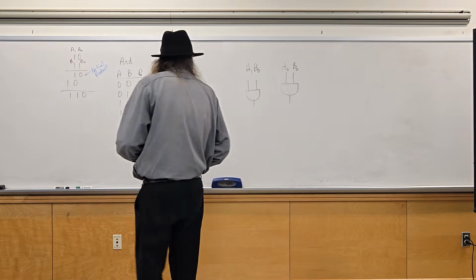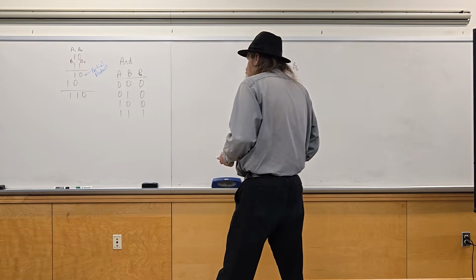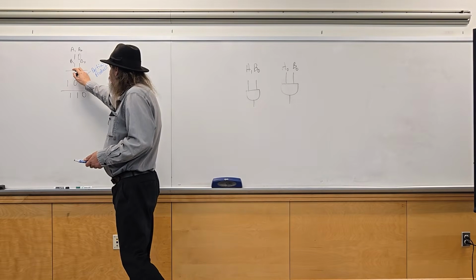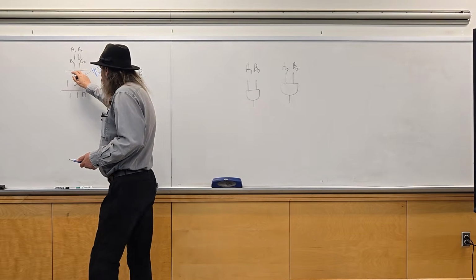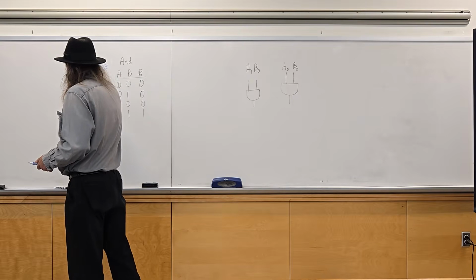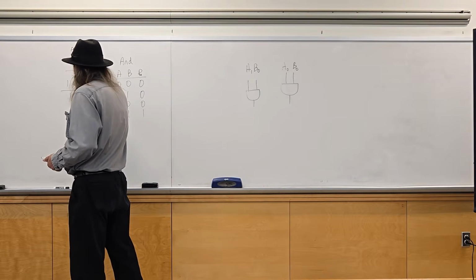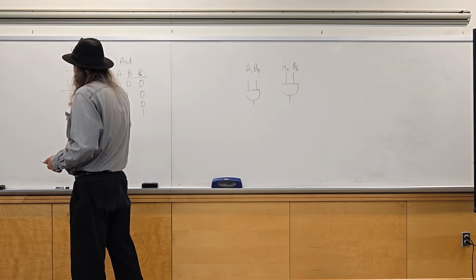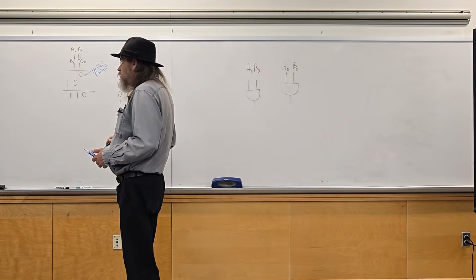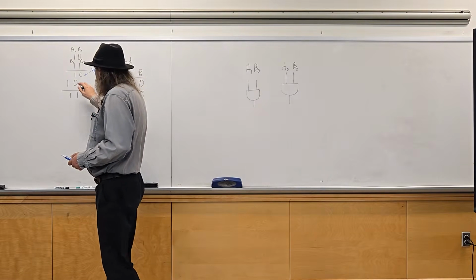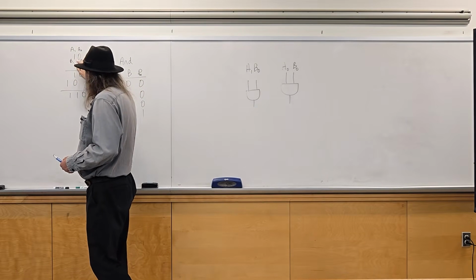All right. The next line is shifted over 1 because the second bit of B, B1, is shifted over 1 in the problem. So you shift it over. 1 times 0 is 0. 1 times 1 is 1.